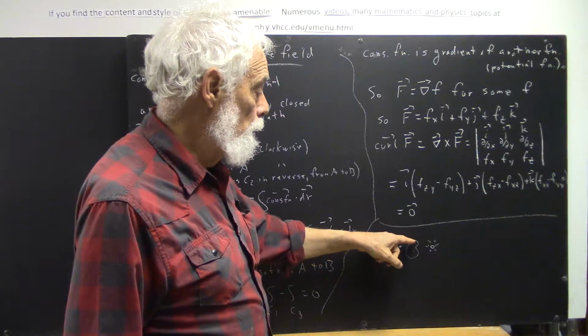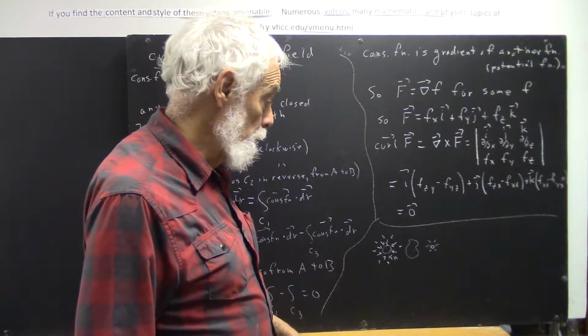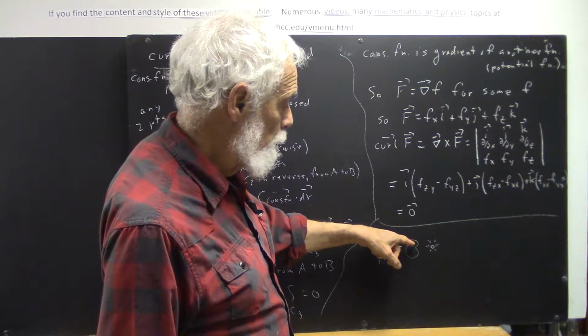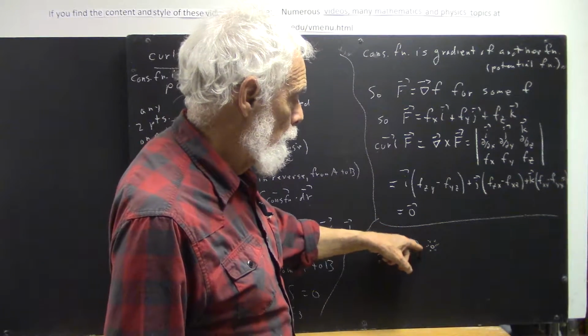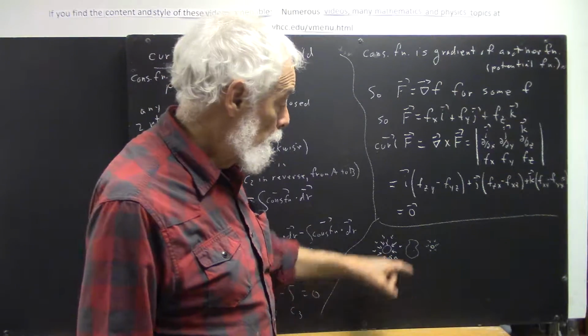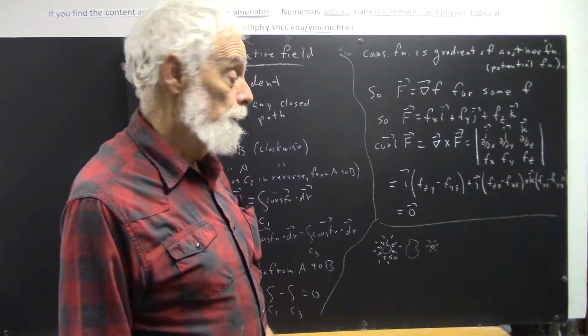Okay, now if I do that, then the integral around this path of that gravitational field, which is directly related to the amount of work I would have to do to, say, move a satellite from here around to here, that integral is going to be 0, because this is a closed path and because gravitational fields are conservative.